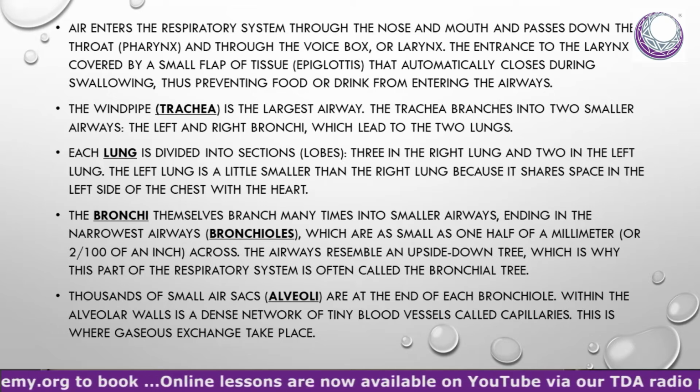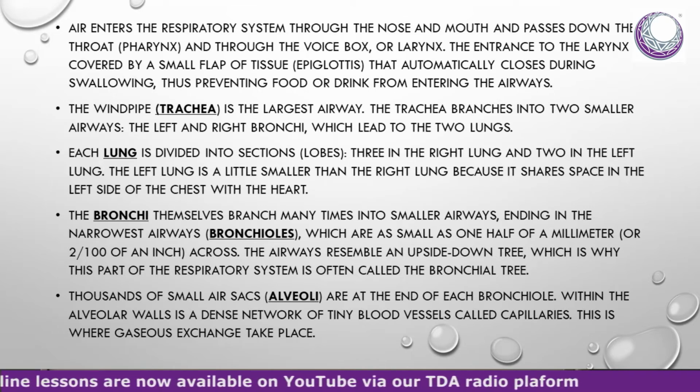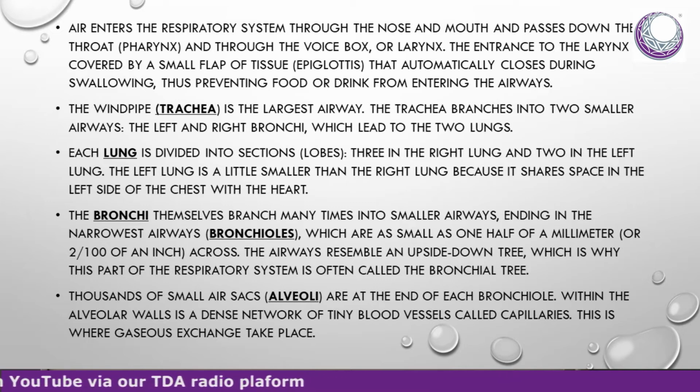The trachea can be regarded as the stem of a tree. The bronchi can be regarded as the branches of a tree. The further branching of the branches can be regarded as the bronchioles, and the fruits at the end of each and every branch can be regarded as the alveoli.